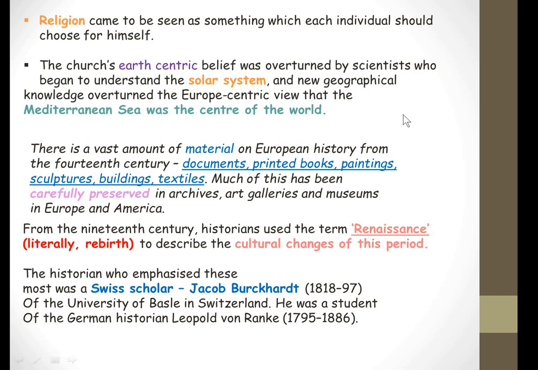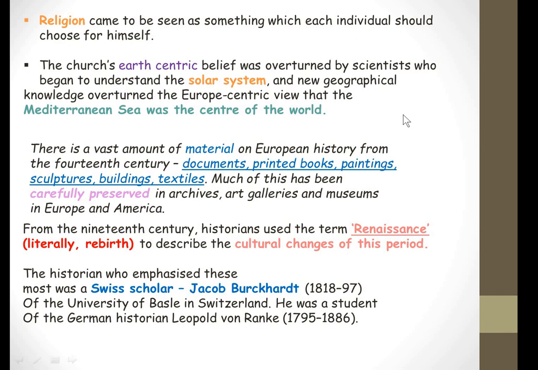So much of change, especially literary, and rebirth. It was a rebirth of so many things, and it led to the change of culture all over the world. First, it started with Europe, okay? The historian who emphasized these kinds of changes was a Swiss scholar. His name is Jacob Burckhardt.